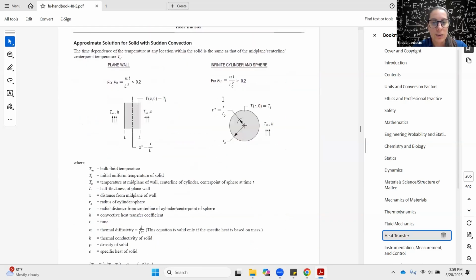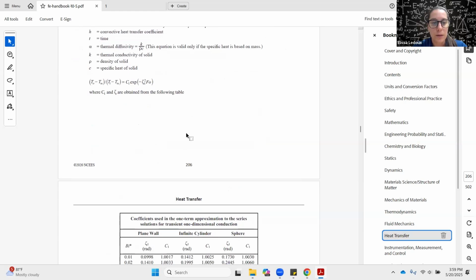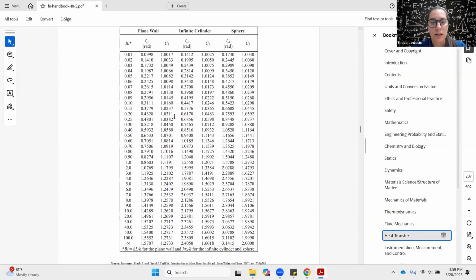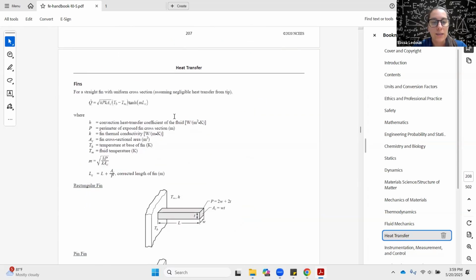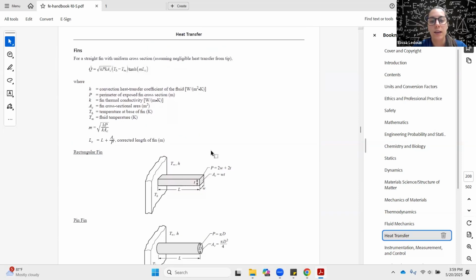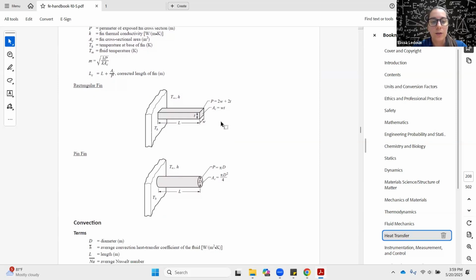And this is convection, but this is really pretty much it. So you may need to know a little bit about convection, but other than that, there's a lot more here in the heat transfer. But past fins, you probably don't need to know. So you might need to know the fins. Basically, what a fin does is allows stuff to cool off faster because there's more surface area where heat can escape. And they're used with convection.